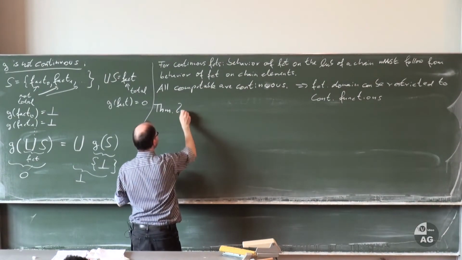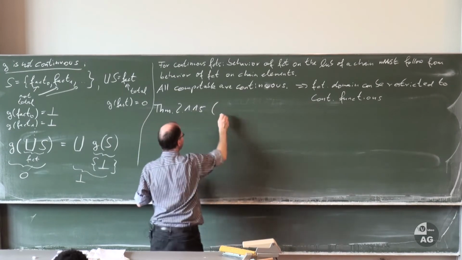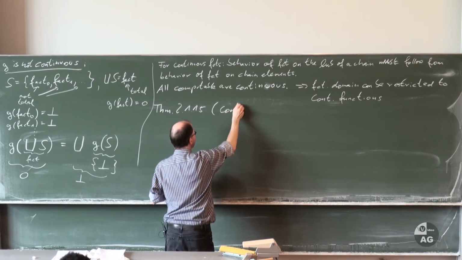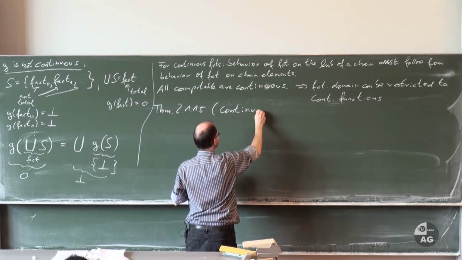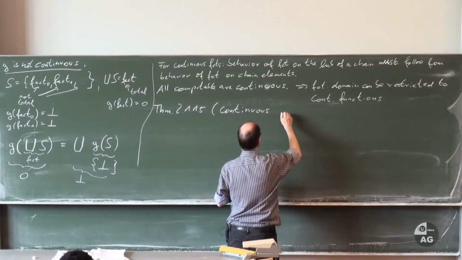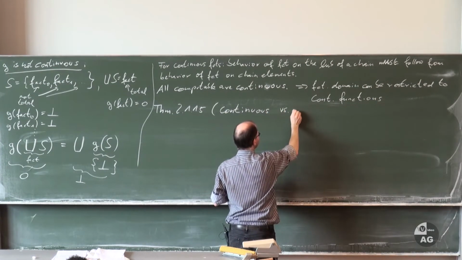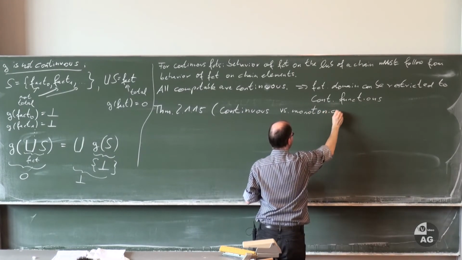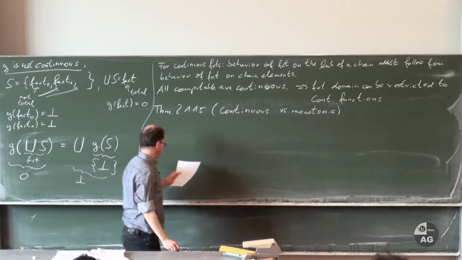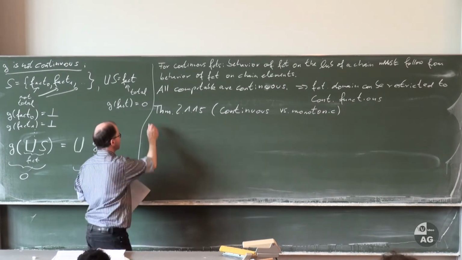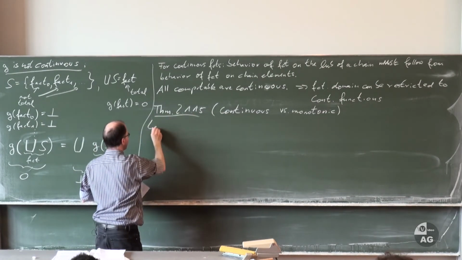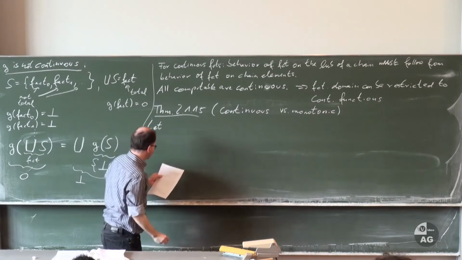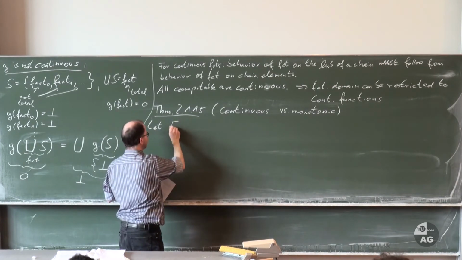So the following theorem states something about the connection between continuous and monotonic. This is theorem 2.1.15. So we have two domains, D1 and D2, with complete partial orders.